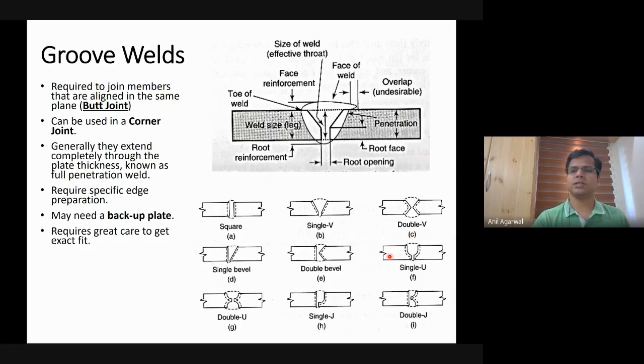So U and J kind of shapes. In J shape you are cutting only one plate. In U shape you are cutting both plates. Okay, and then you may also often require some kind of a backup plate. What is the purpose of a backup plate?